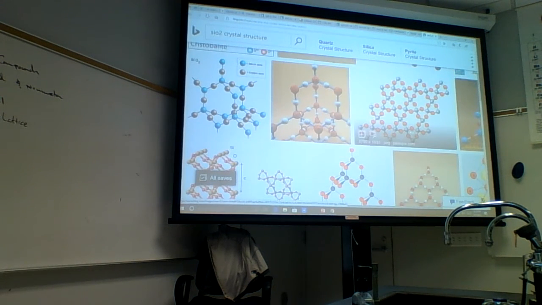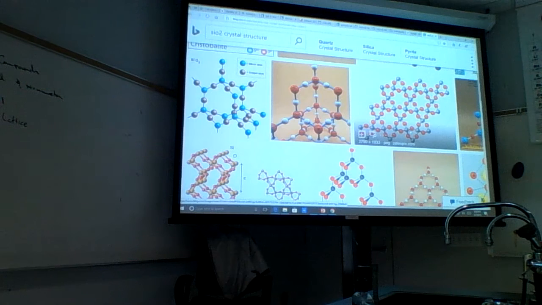SiO2 forms a lattice structure. There's no really distinct end to it. It just keeps going. But I wouldn't have known that unless somebody told me that this is quartz and quartz forms an extended lattice.